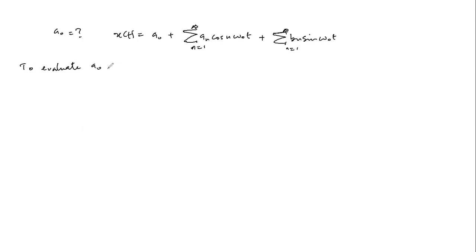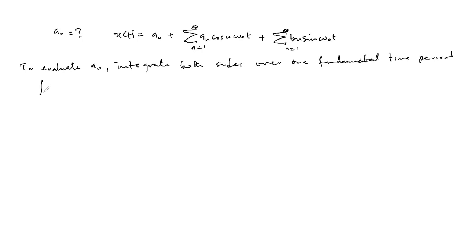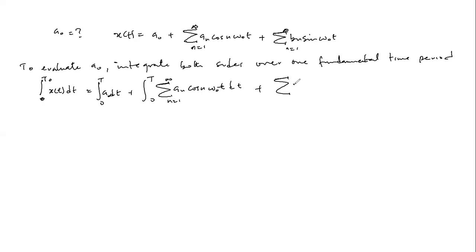So if we integrate both sides over one fundamental time period, to evaluate a naught, such that the integral from 0 to T naught of S of t dt is the same as the integral of a naught dt from 0 to T naught, plus the integral from 0 to T naught of the summation of a sub n cos n omega t dt, plus the summation of b sub n sine n omega t.